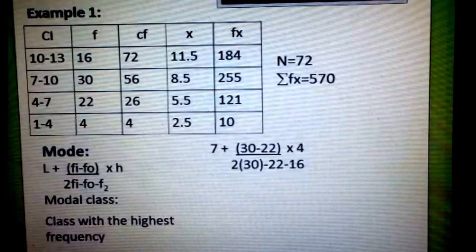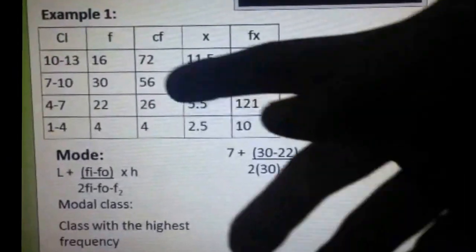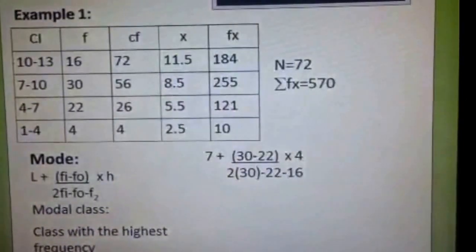F sub 2 will be the frequency of the succeeding group of the modal class. Succeeding will be after. That is here, 16.